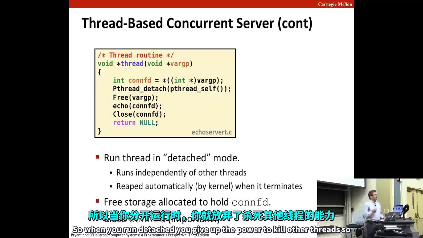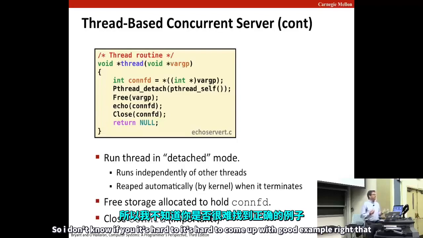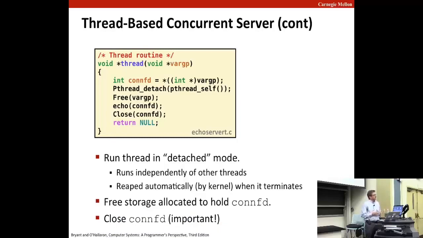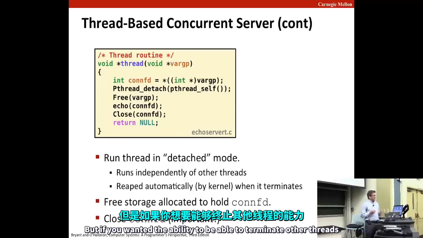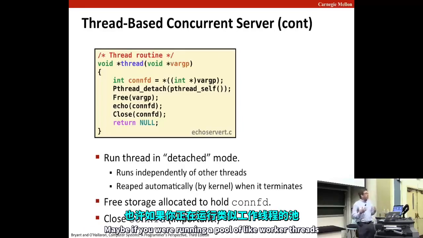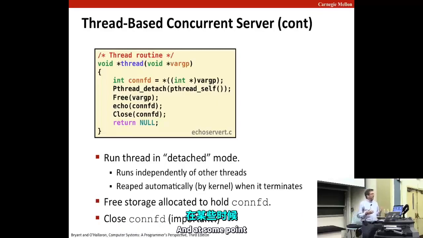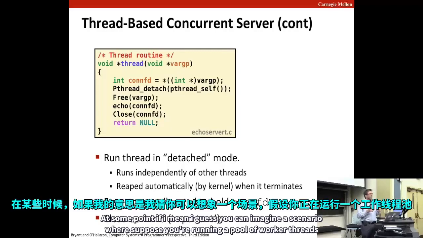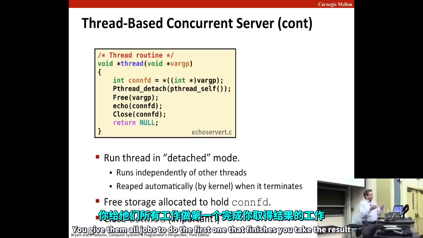So when you run detached, you give up the power to kill other threads. It's hard to come up with a good example. But if you wanted the ability to terminate other threads, maybe if you were running a pool of worker threads, you can imagine a scenario where you give them all jobs to do.